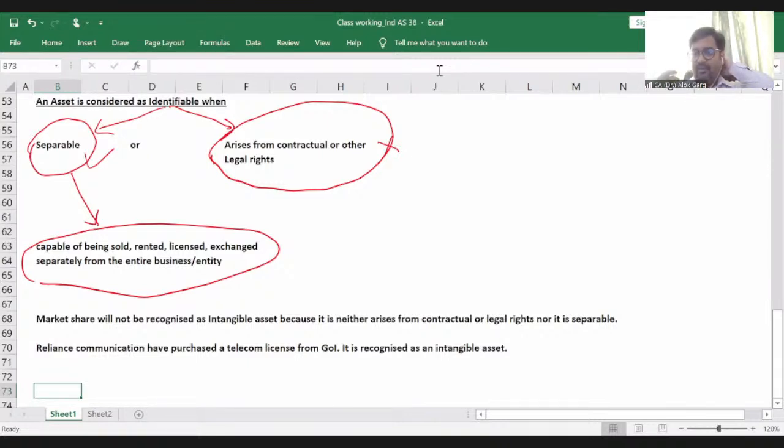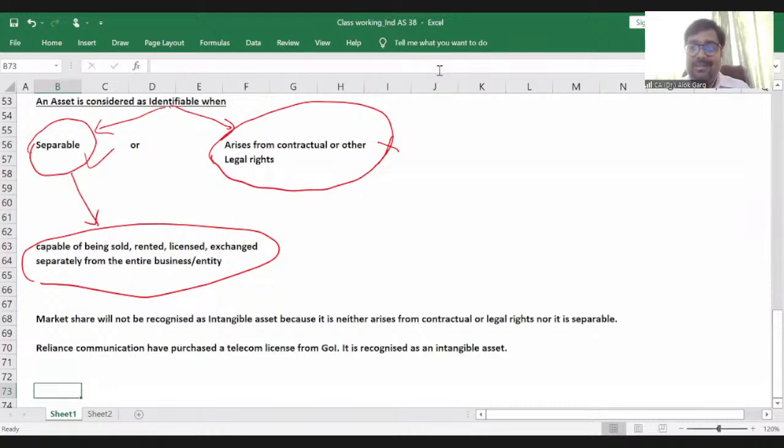There is a radio company, for example, let's say Chili's Entertainment Private Limited, and the government has given the broadcasting license to this entity, and this license is non-transferable. The entity can use these broadcasting rights for the next 5 years. Government has said that this license is non-transferable. If this entire entity is sold, the license will go with that entity, right? So it is not separable.